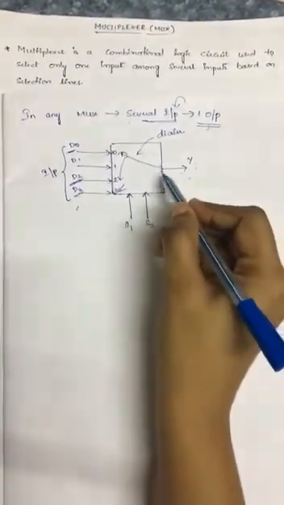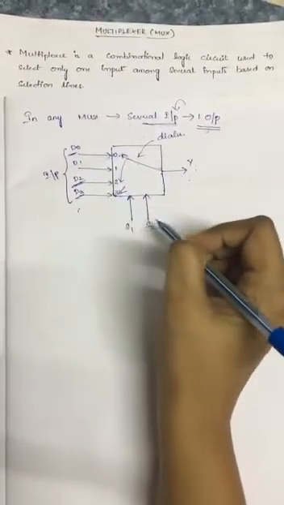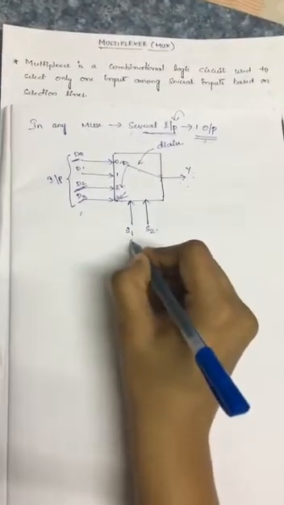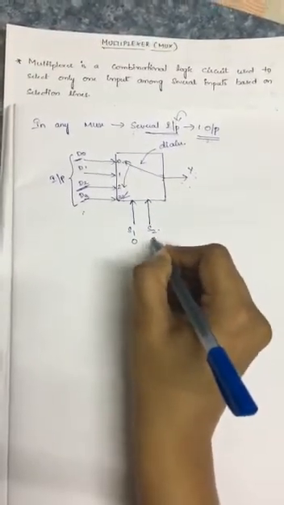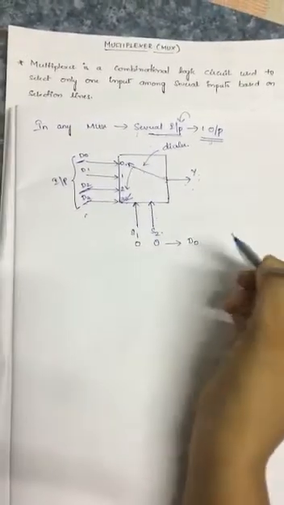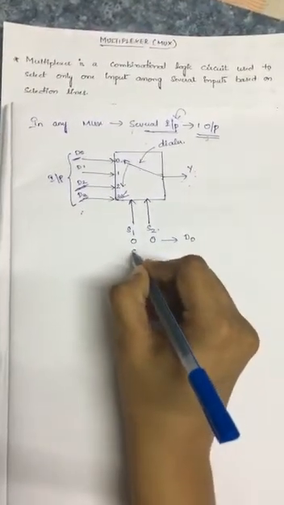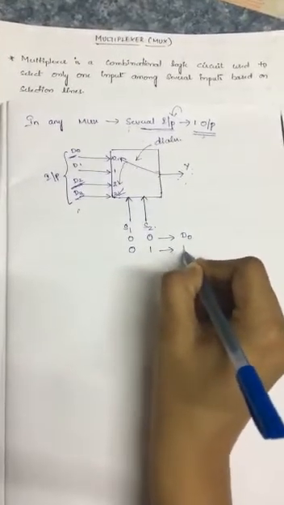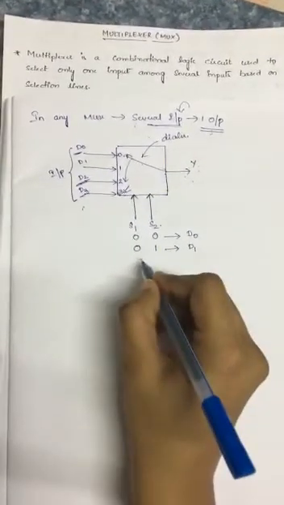How this dialer is going to select these inputs based on the selection lines means, if the selection lines are 0 0, it is going to take D0 as output. If your selection lines are 0 1, it is going to take D1 as output.